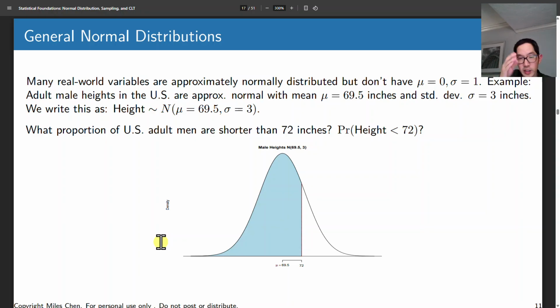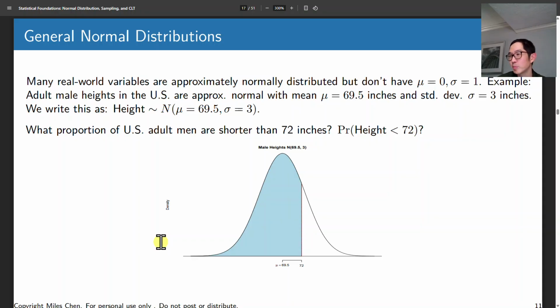We can generalize from the standard normal to any other kind of normal distribution that might exist in the real world. A lot of variables in the real world are approximately normal, but their mean probably isn't going to be 0 with standard deviation 1.